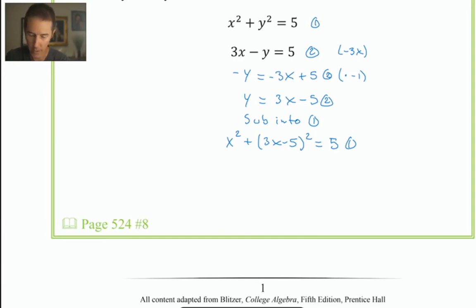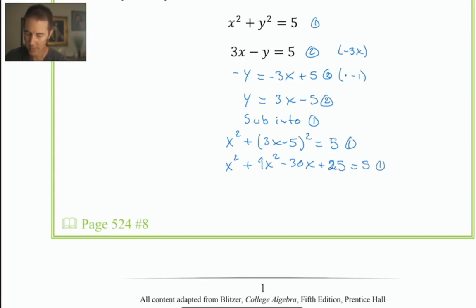I'm not going to do that, but you should do that and then check and make sure you get what I get, which is a 9x squared minus 15x makes minus 30x, and then -5 times -5 makes a positive 25. Still have a 5 on the right-hand side. This is still equation number 1.